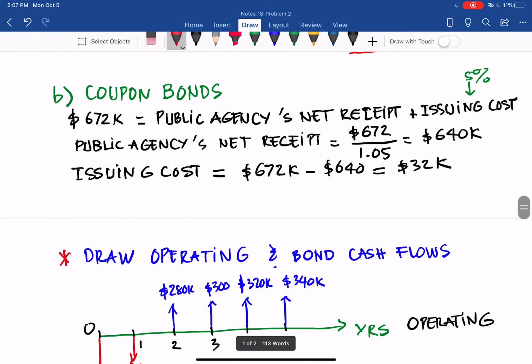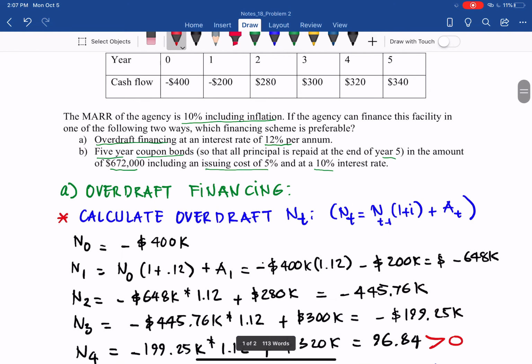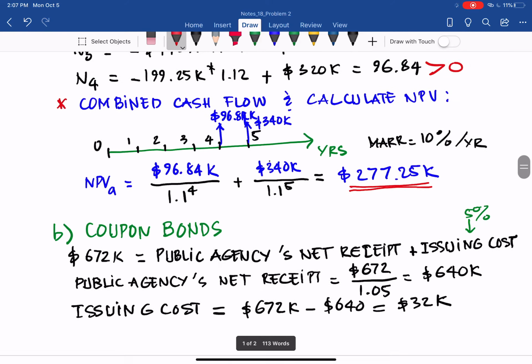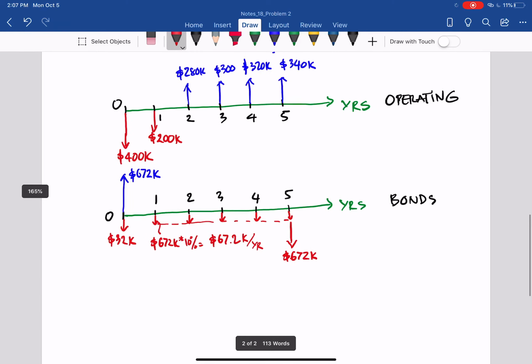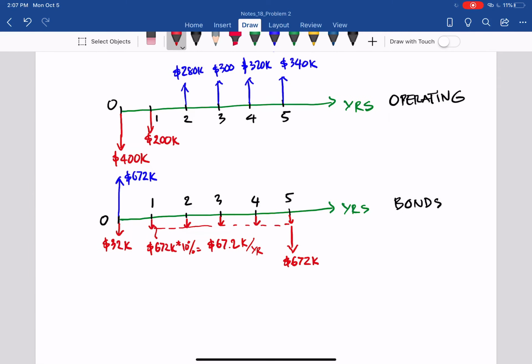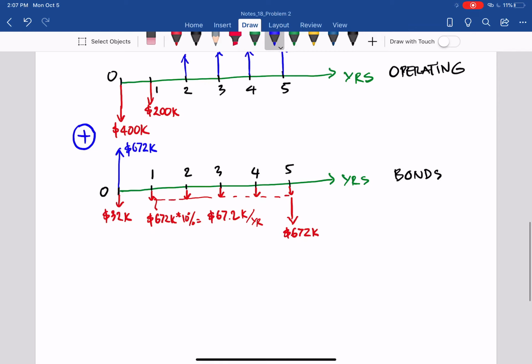And the principal is repaid at the end of year 5. So we have to pay the original principal here, and that is 672,000. And from that we can add them together.